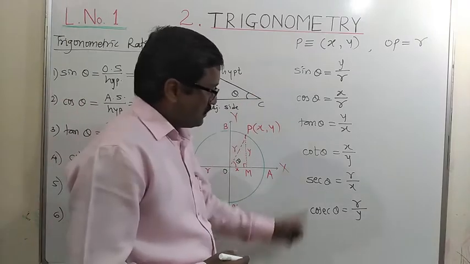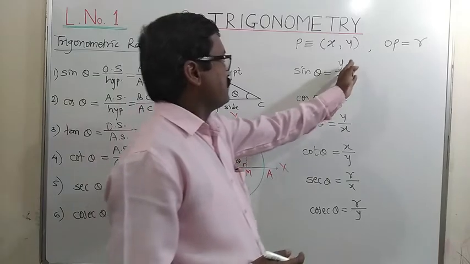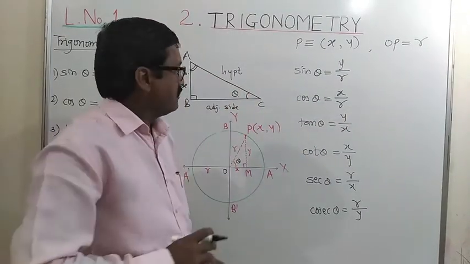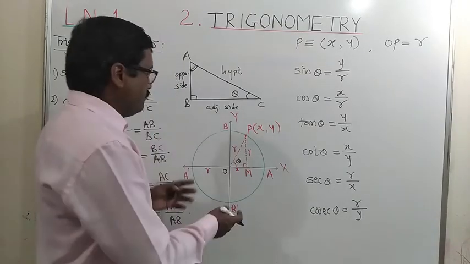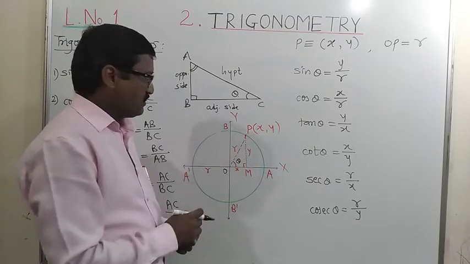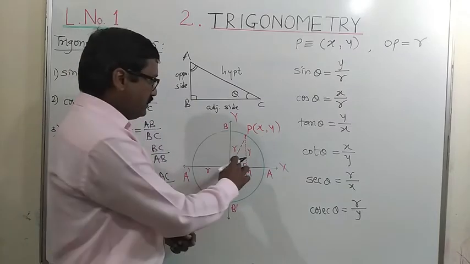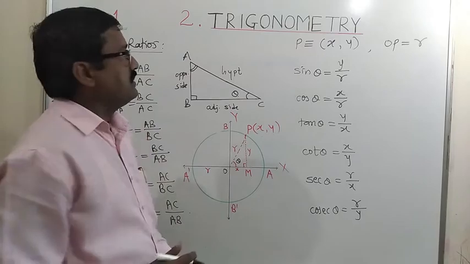So these are the trigonometric ratios, but these trigonometric ratios are in terms of x, y and r, where x and y are the coordinates of the point, but this point is not constant. If we change the point, then theta also gets changed. So theta depends on the position of the point, it means theta depends on x and y.